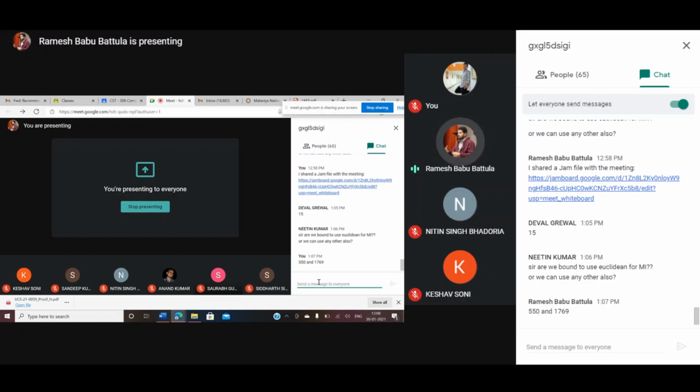First, find the multiplicative inverse value for 550 in 1769. What is the multiplicative inverse value for 550 in 1769?